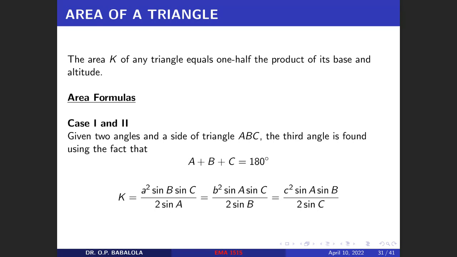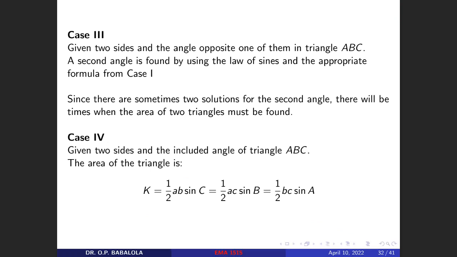We can always obtain the third angle using the fact that A plus B plus C is always equal to 180. Then we use K, the area of your triangle, equal to this equation. We will apply that in some examples.